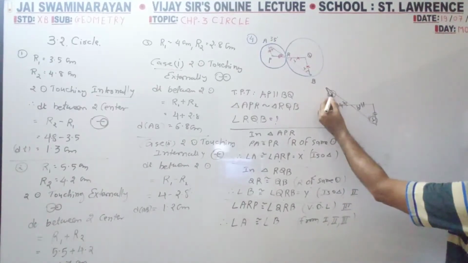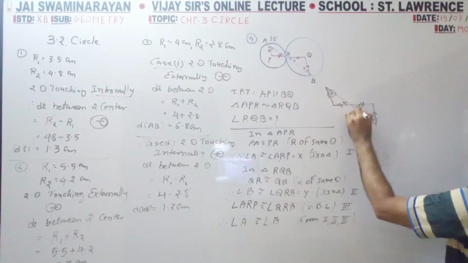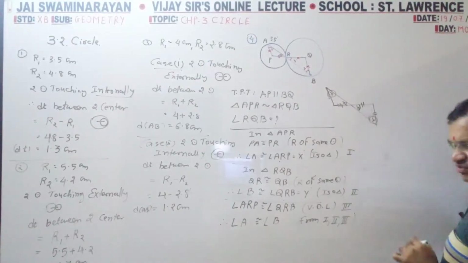Again, this x is equal to this x, this y is equal to this y, then this x is equal to this y. Therefore, this x is equal to this y.